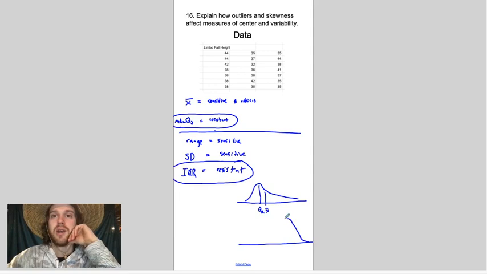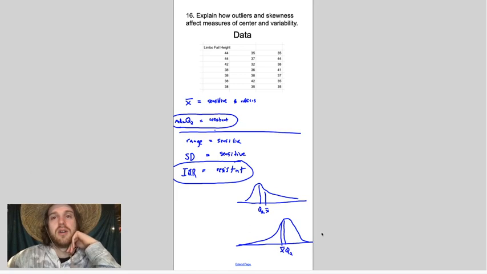And similarly, when your data is skewed to the left, the mean gets pulled to the left, and the median kind of stays roughly at the center of the data. Okay, so this is the middle point, and then the X bar is kind of like the balance point, I think is what they said, because you're having this effect of leverage that's pulling the mean over, the balance point over.